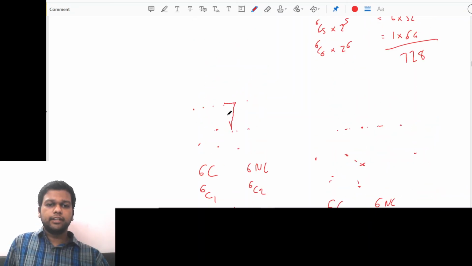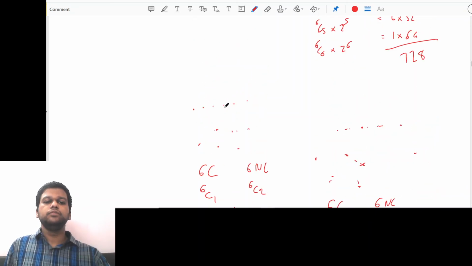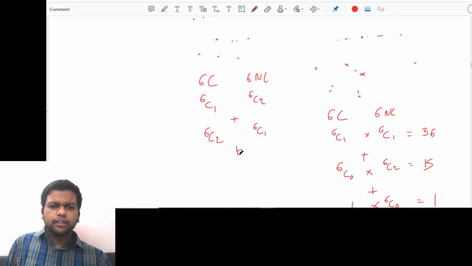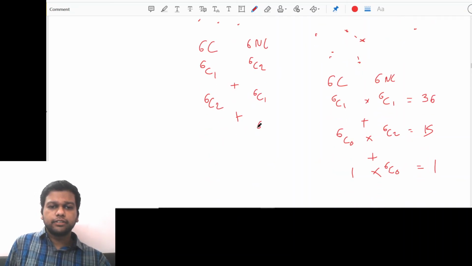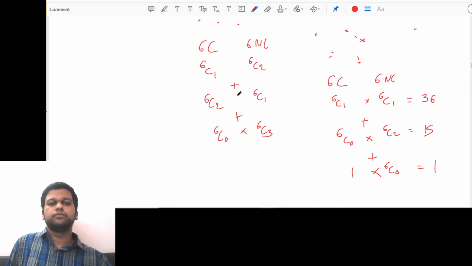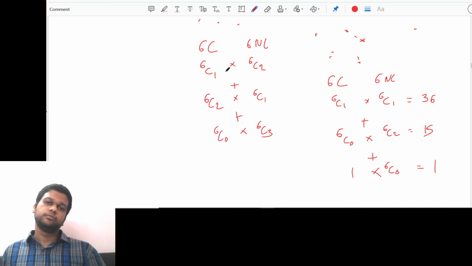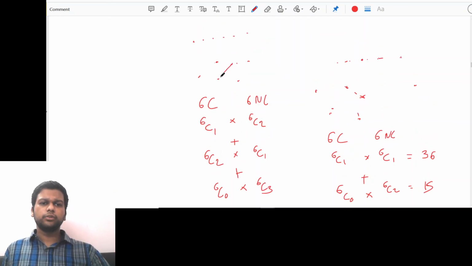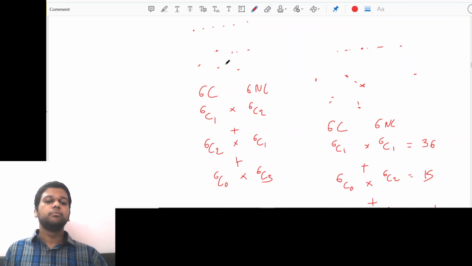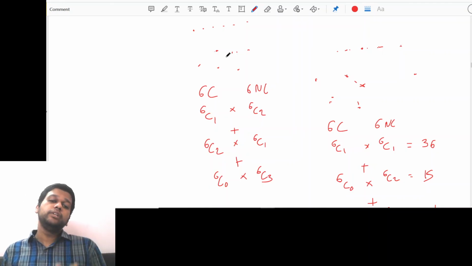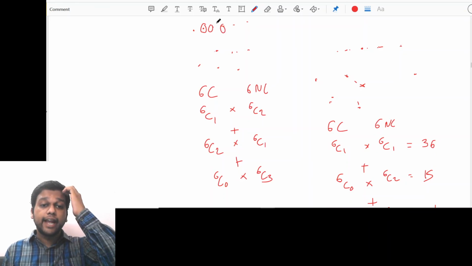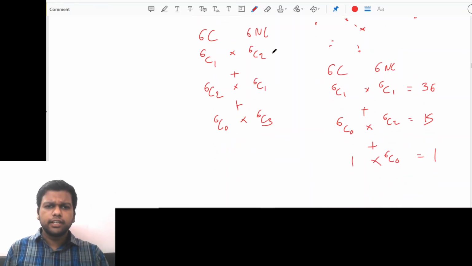These two and then some other point. Or we can select all 3 non-collinear points, 6C3, and no collinear point, 6C0. Because out of these non-collinear points we can form a triangle like this. There are only these many options because we cannot select 3 collinear points. If we select 3 collinear points, we will not be able to get a triangle, right? So only this will be the answer.